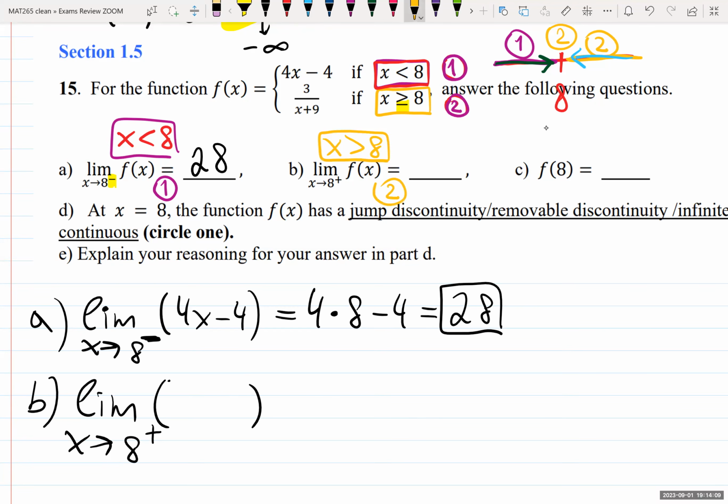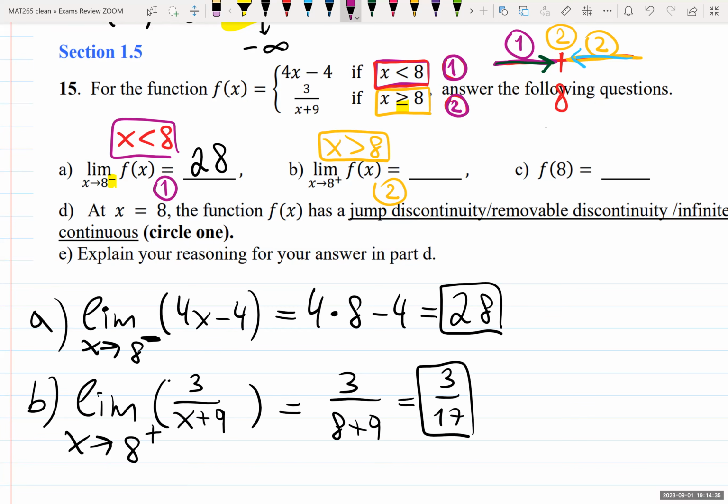The second function is 3 over x plus 9. So basically f of x is glued together using 2 functions, a first function and a second function. In this case, I'm looking at the second function. And it's 3 over 8 plus 9, which is 3 over 17.